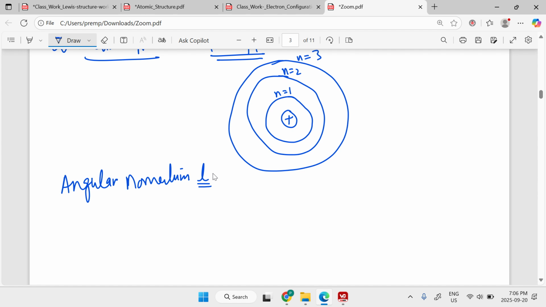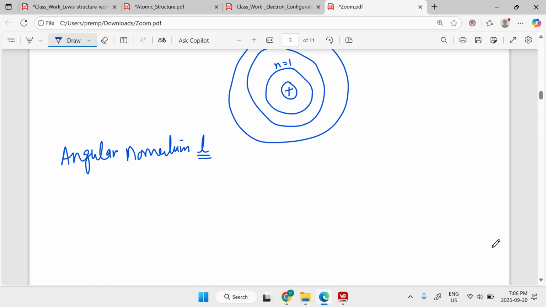Okay, so it basically tells us in which orbital the electrons are lying, and the value of l always starts from 0 and goes maximum to n minus 1. So say if your energy level n is 3, then l can have value either 0 or 1 or 2, but l can never be equal to 3. So l is always 1 less than the n value, and these are all integer values.